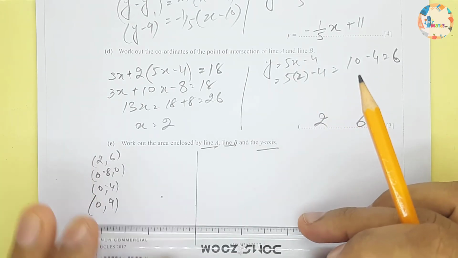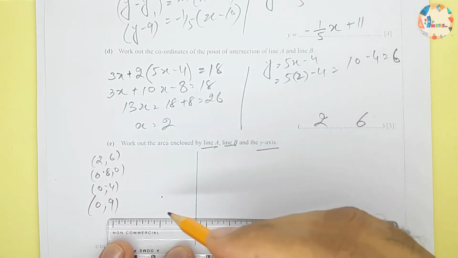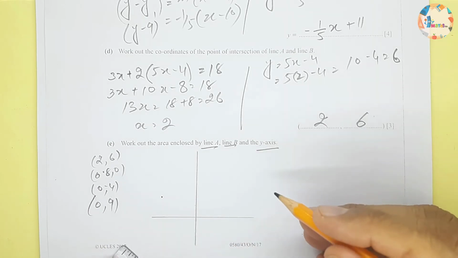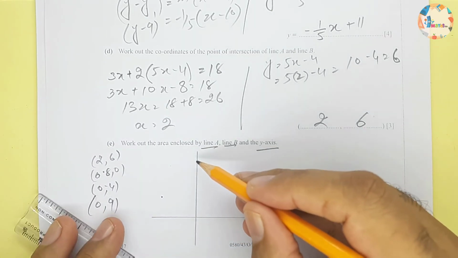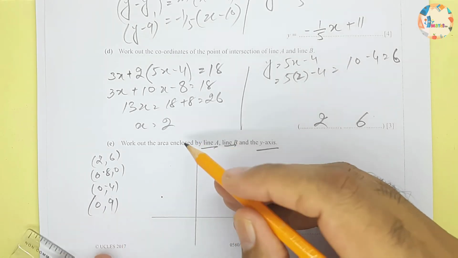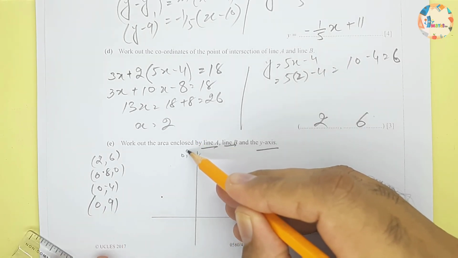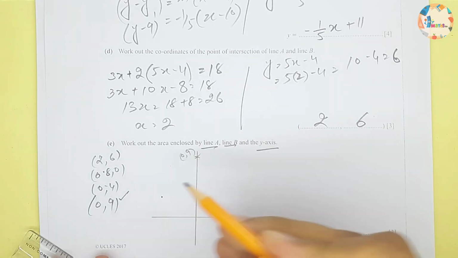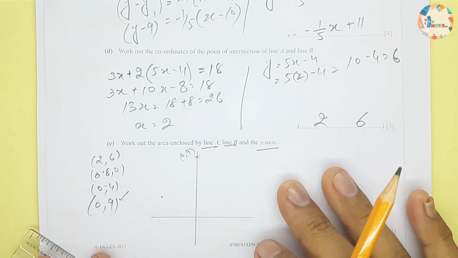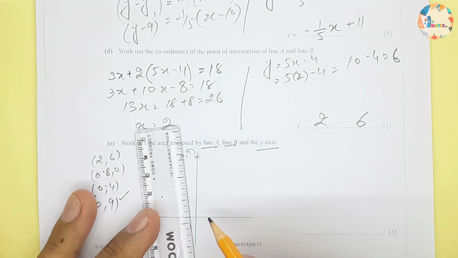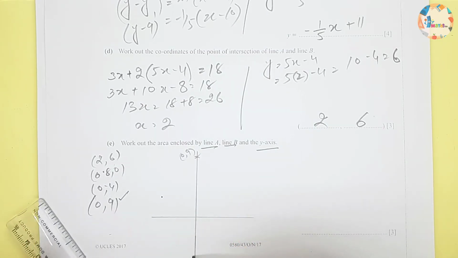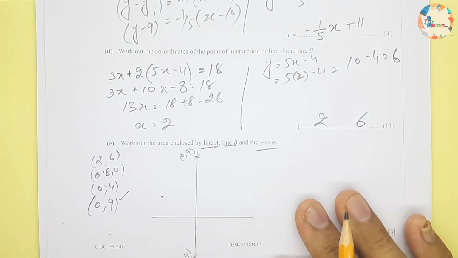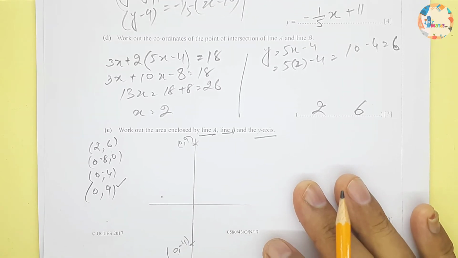This is our coordinate axis. Roughly we can draw these coordinate axes as well. This is the point 0 and 9, so I have indicated this point over here. Then the next point is 0 and minus 4. So if we extend this a little, this will be the 0 and minus 4 point, which I have also indicated over here.